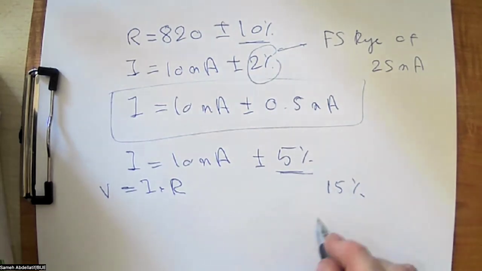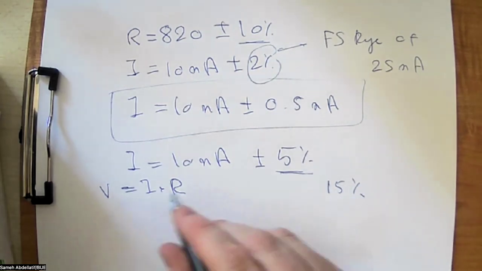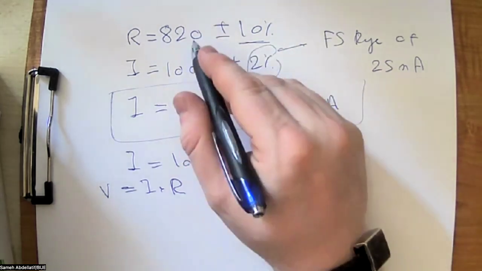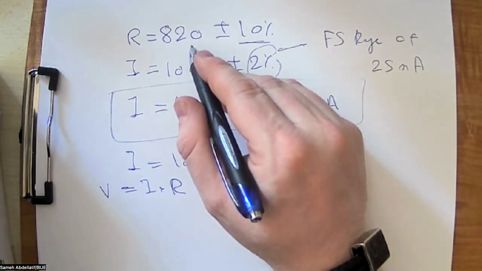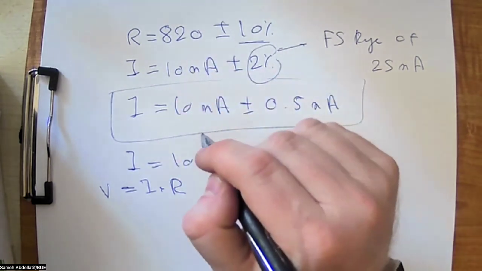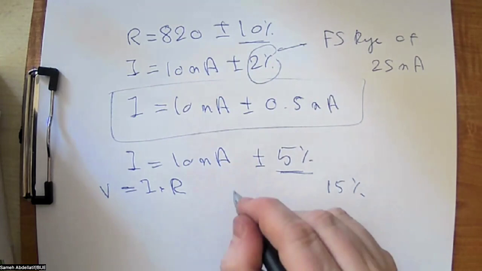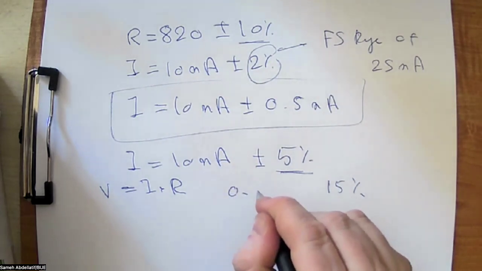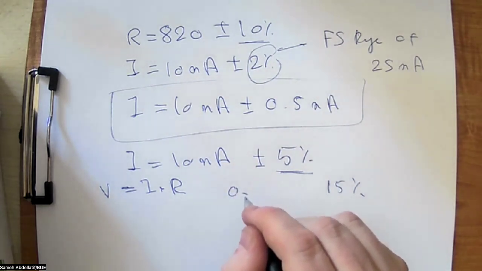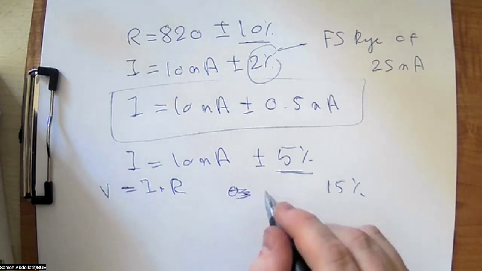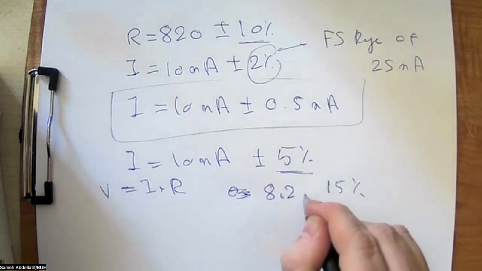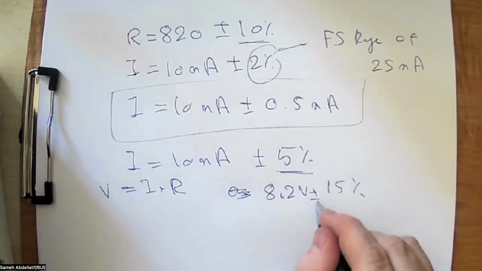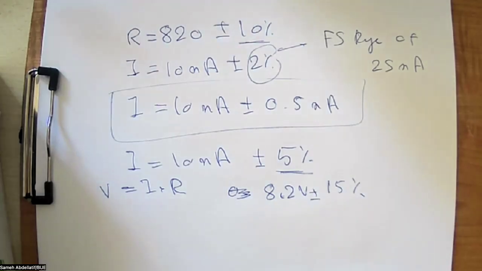So the overall error in V, which is the multiplication of 10 milliampere times 820 ohms, will end up with, sorry, 8.2 volt, 8.2 volt with plus minus 15%. This will be the output.